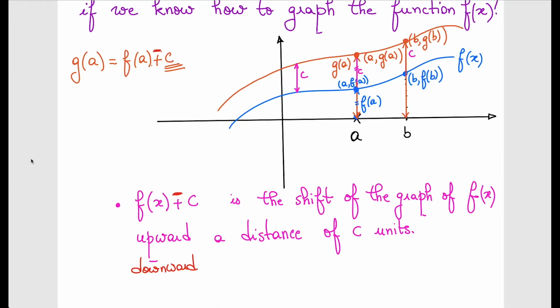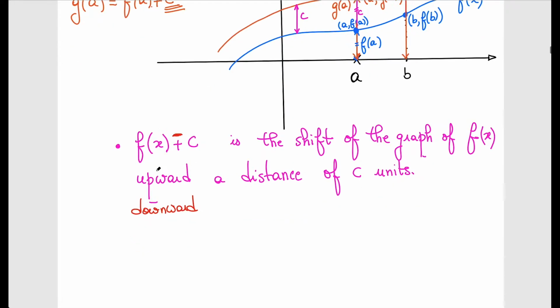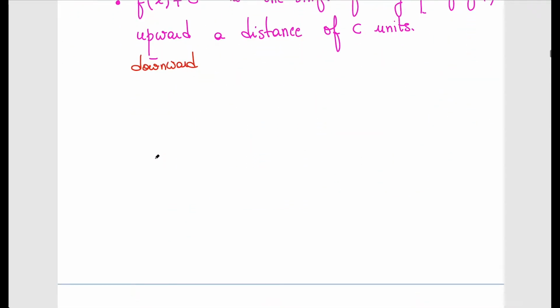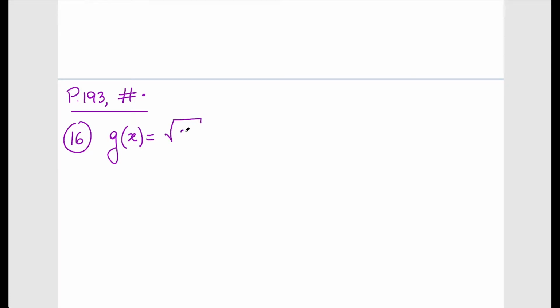So that's on page 193, as we said. Let's do it on the second page. So page 193, and let's do number 16. Okay, so g of x is equal to square root of x plus 2, right?